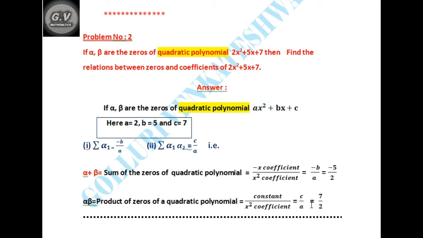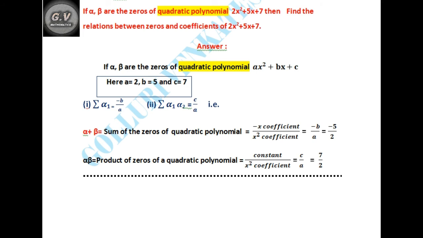So the sum of zeros and product of zeros: these are the relations according to a quadratic polynomial. Okay? The sum of the zeros, alpha plus beta, is minus b by a, and the product of zeros, alpha into beta, is equal to c by a.